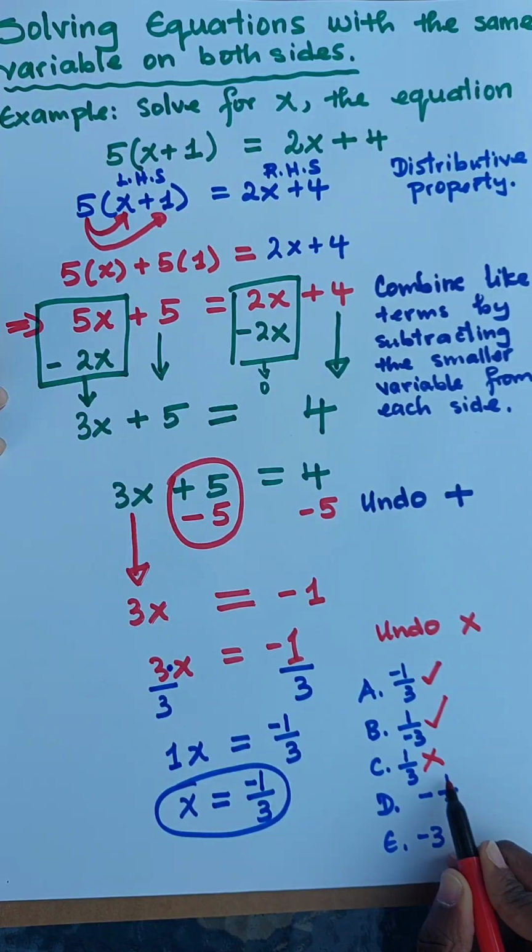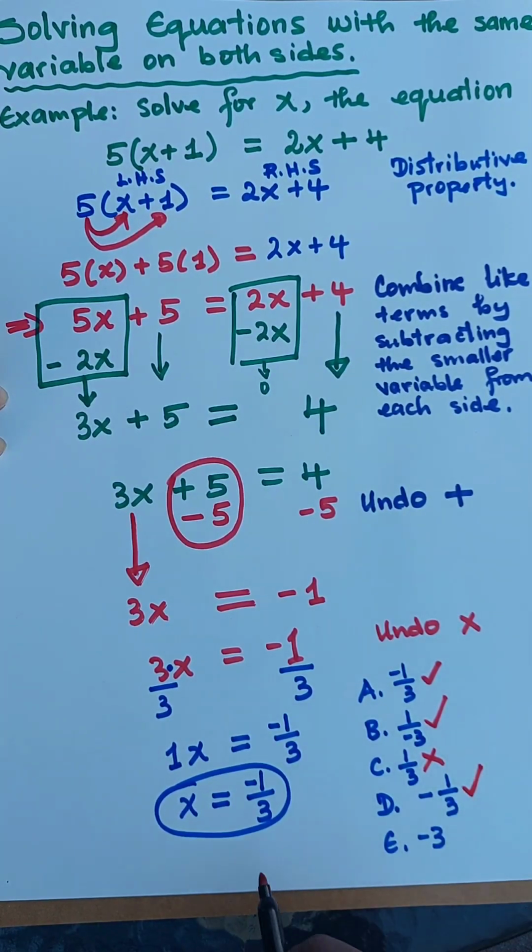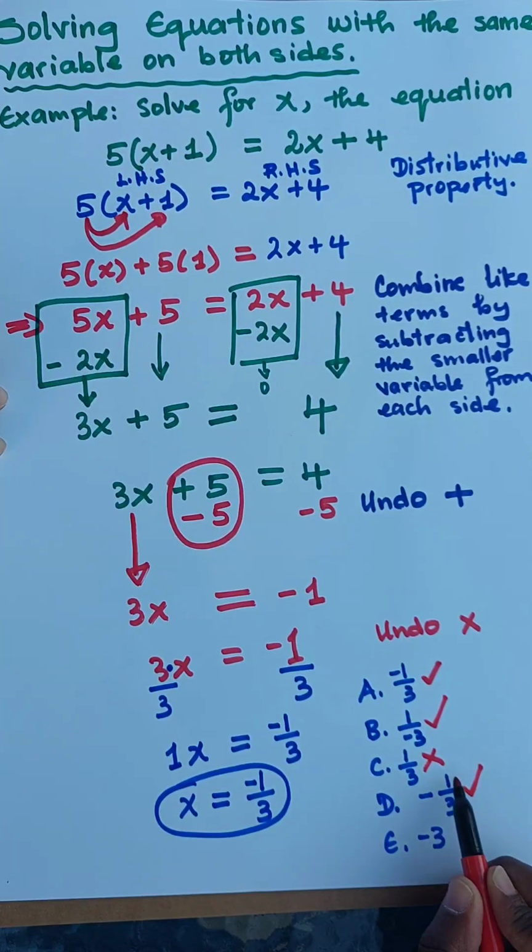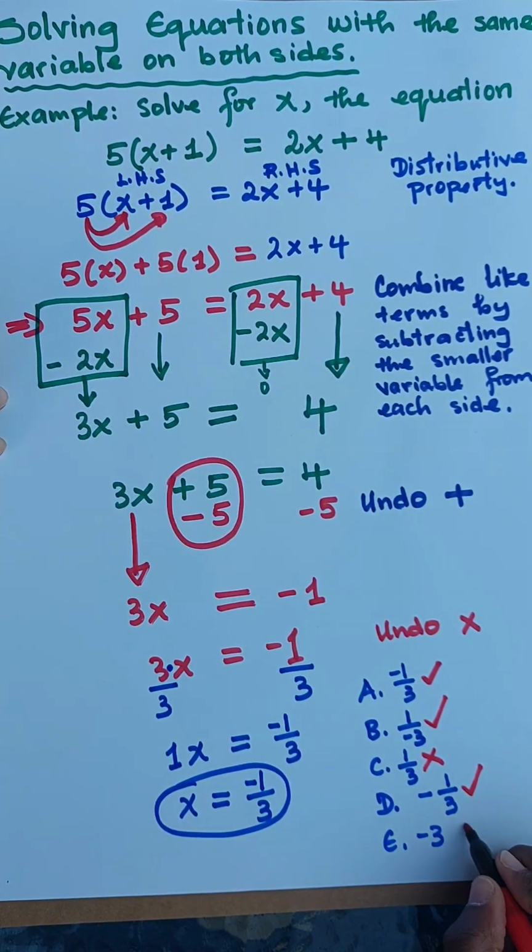This is correct as well. So negative 1 over 3 is also the same as negative, then 1 over 3. The whole fraction is negative. Now, E is giving you the reciprocal, which is not what you have here. So E is not correct.